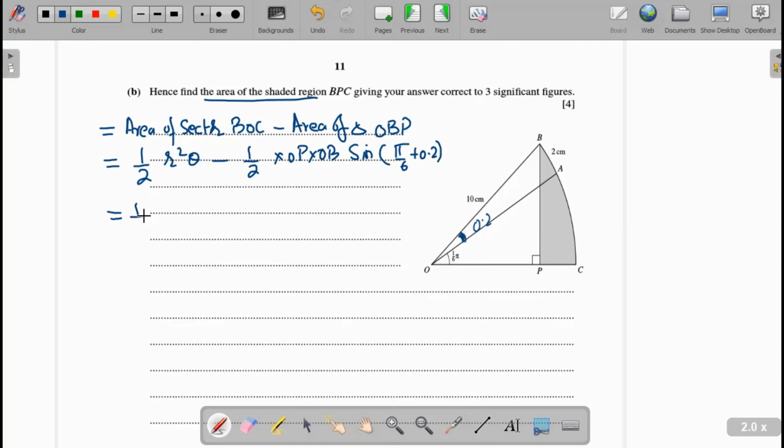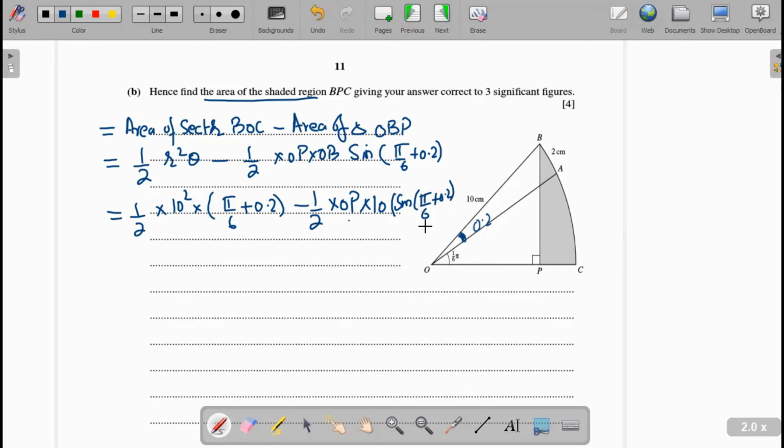Here r is given as 10, 10 squared is 100, and theta is pi over 6 plus 0.2, minus 1 over 2. OP is not given. Now OB is 10, and that is sine pi over 6 plus 0.2.